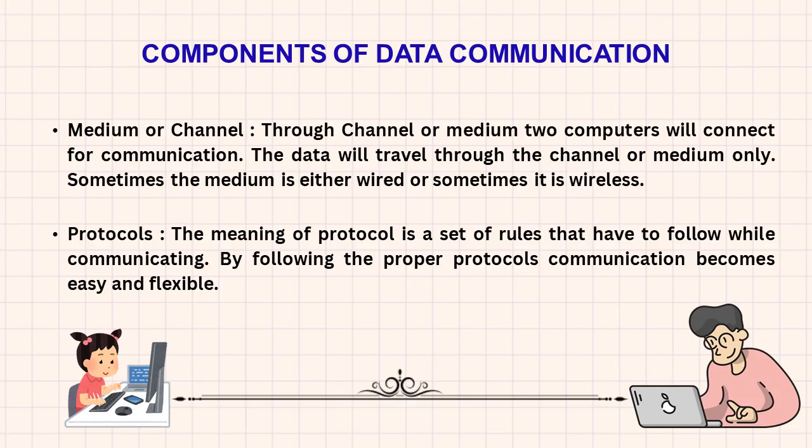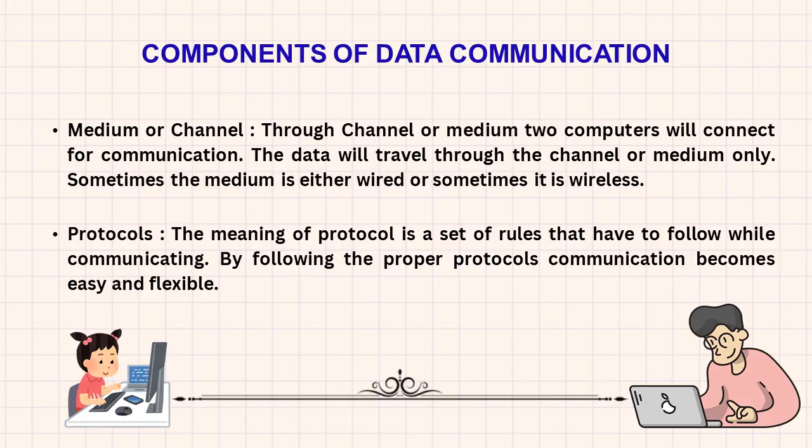Medium or channel. The medium is the path or connection that the message travels through between the sender and receiver. It could be a physical wire like Ethernet cables or wireless signals like Wi-Fi or Bluetooth. Without a medium, communication can't happen.